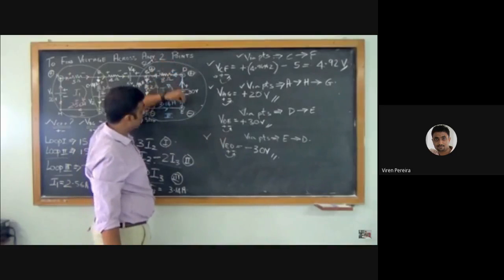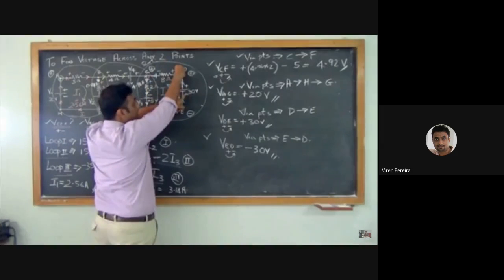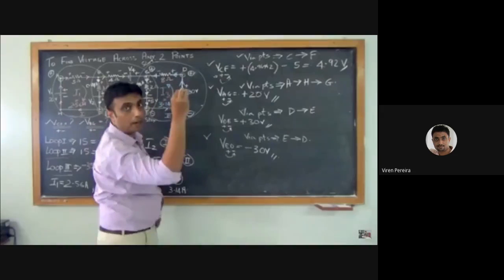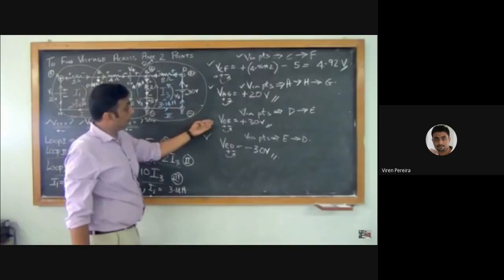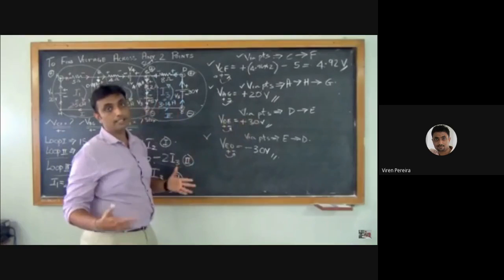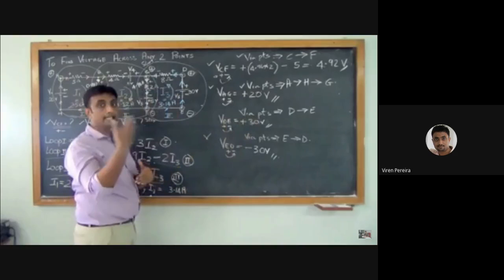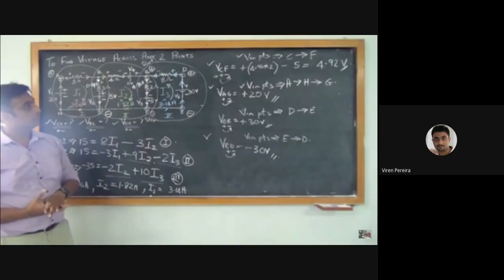So the positive of my multimeter is here and the negative is here. But since this is negative in nature, which is near my positive, it will give me minus 30 volts. So if you find out the value of VED is 30 volts, then obviously VDE will give you minus 30 volts.